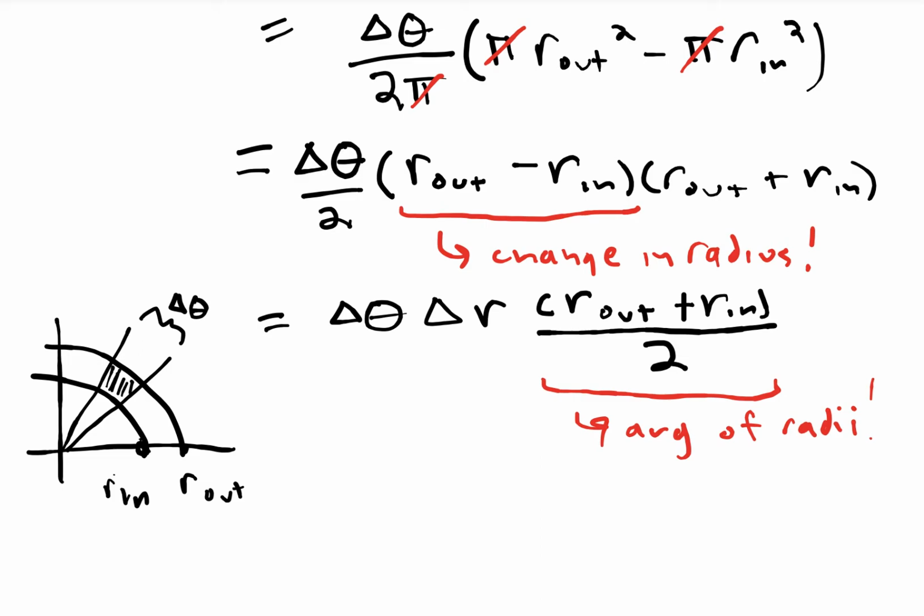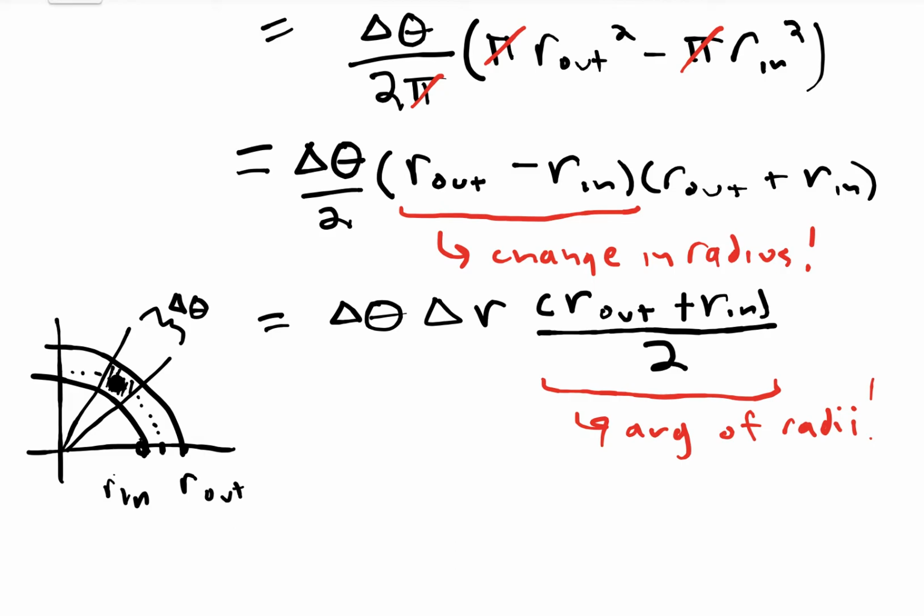Now, if I averaged my radii, this is going to give me something smack in the middle. So that will track all the way across here. What I'm going to go ahead and do is imagine that I have some sort of a point that's smack in the middle of my sector, right?